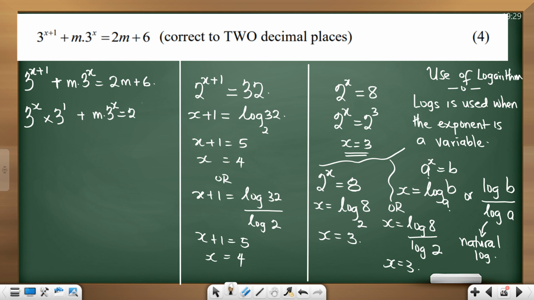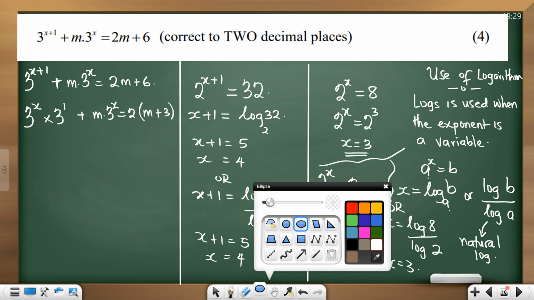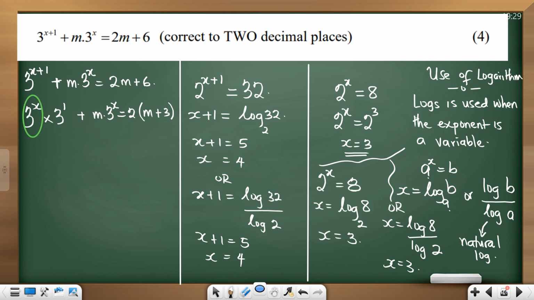What's common here? 3 is common. What do you have? M plus 3. We're trying to find a way out. Oh, what is common on the side? Check. 3 to the power x is common. Let's factorize that. What do we have left? We have 3 plus m.